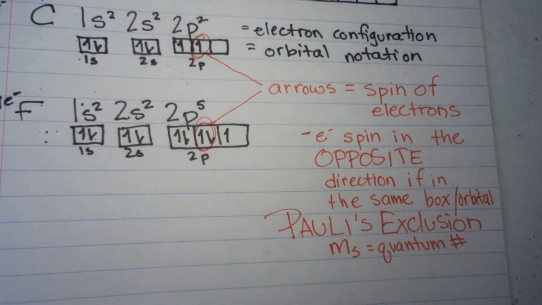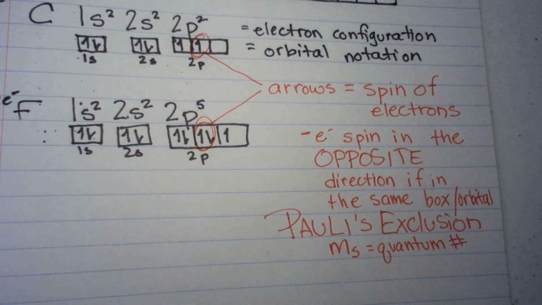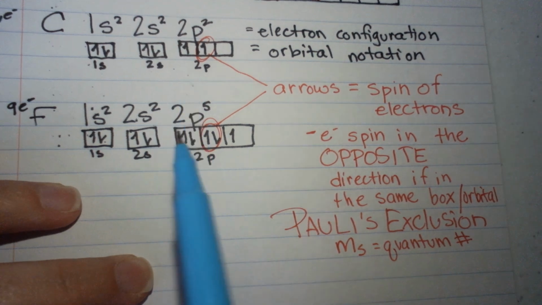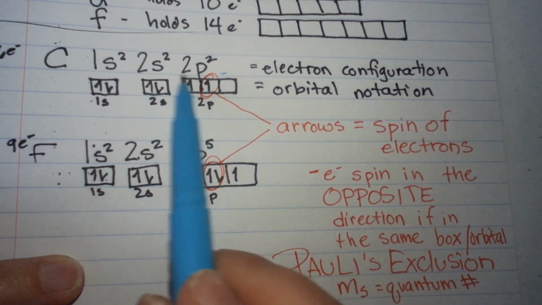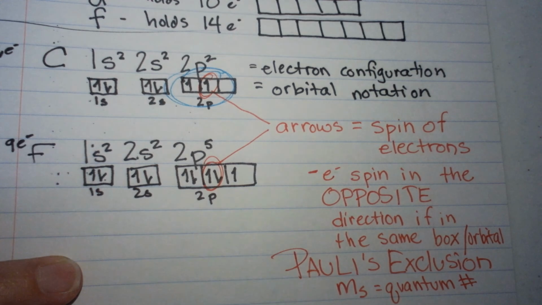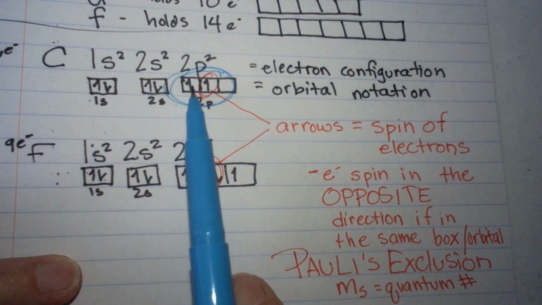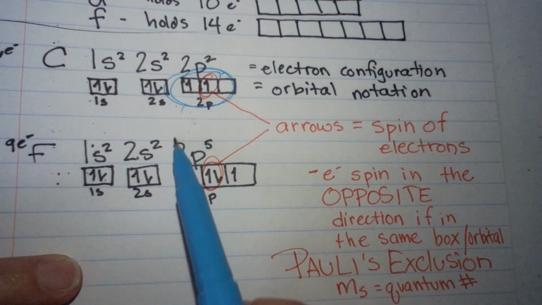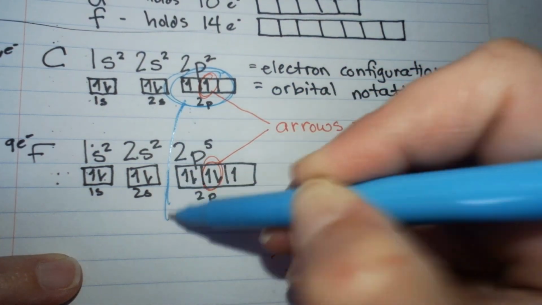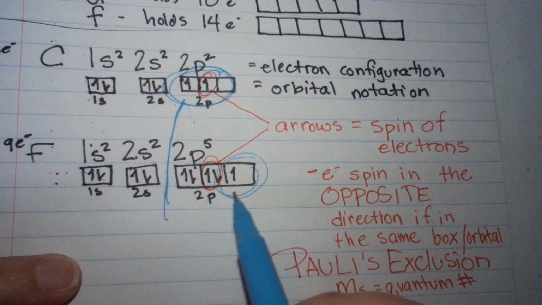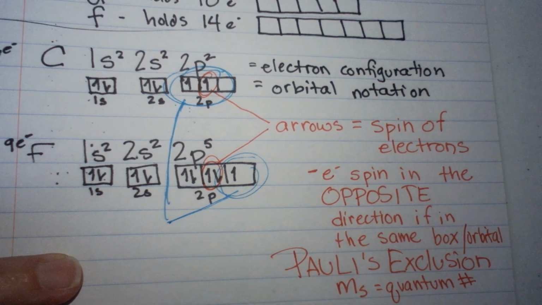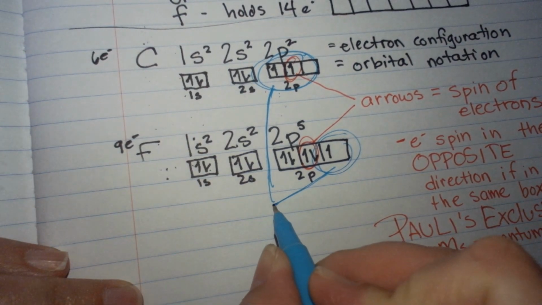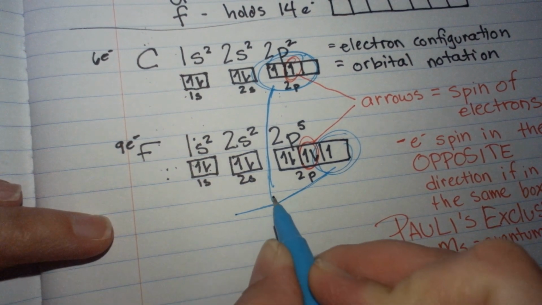All right, let's put another name on what we did here, and then we'll do some practice. This concept right here, where we filled one electron in each box until we had to backfill, that is called Hund's Rule. So let's title that.